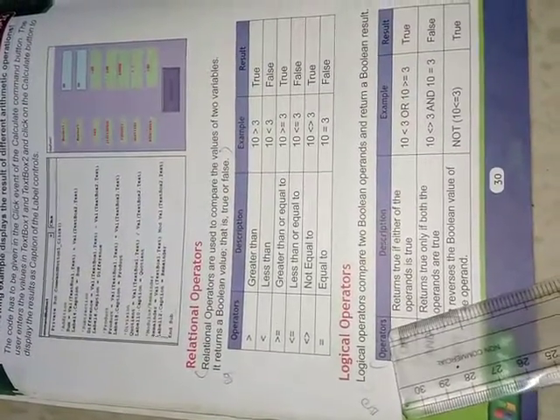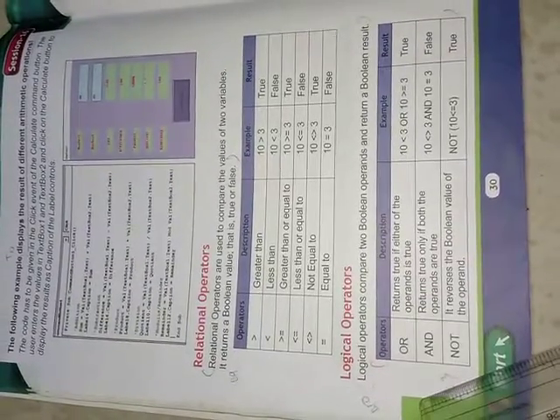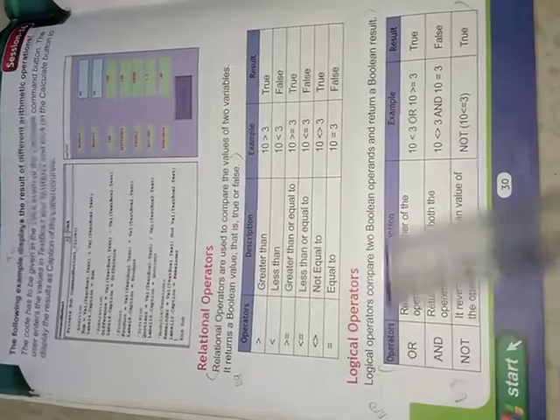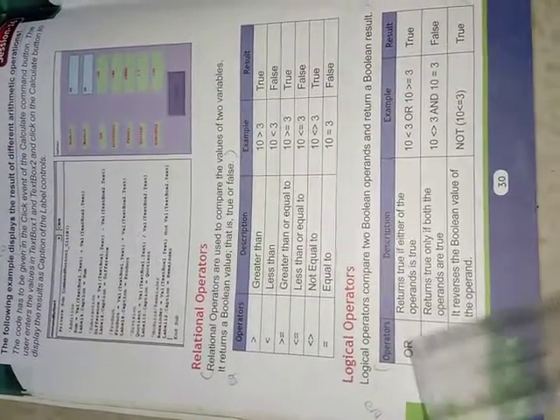So many are there. You will learn them in your higher classes. Presently, you have three operators. These logical operators will compare the two operands and give you a result as true or false.